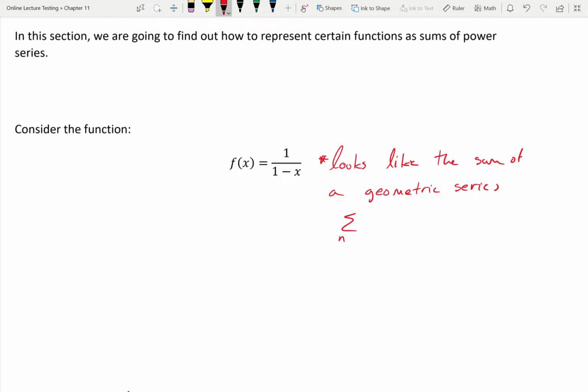The sum of the series, n goes from 0 to infinity of ar to the n, is equal to a over 1 minus r. So notice, hey, that a is 1 and r is x.